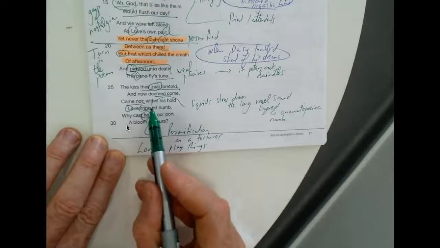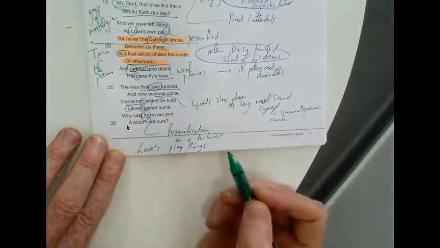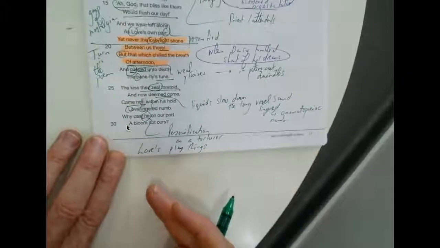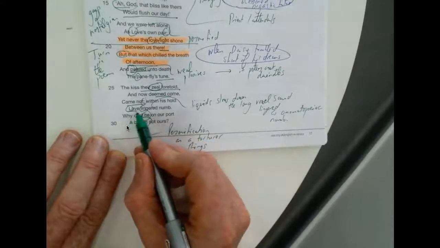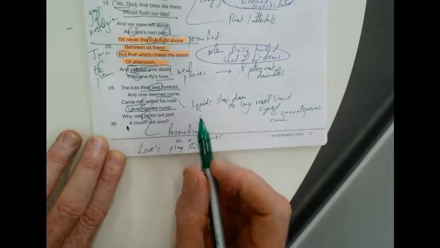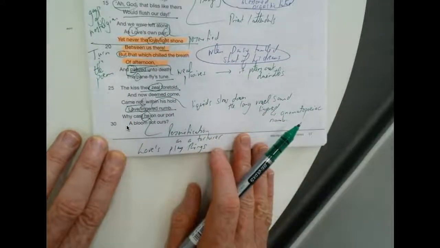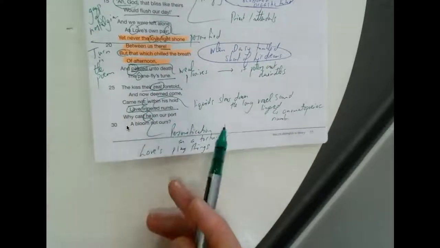"And now Dean came, came not." Beautiful story here, "came not," stops us. "Within his hold, love lingered none." When we had the liquid L's above, "living love," now think about what happens with "love lingered." What is it about "lingered"?